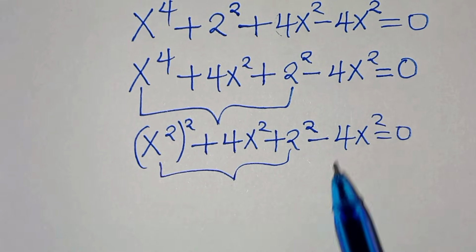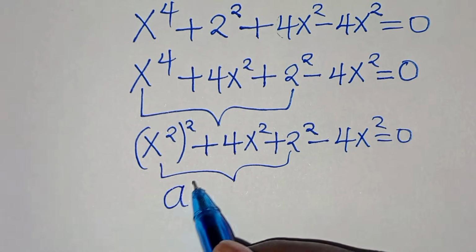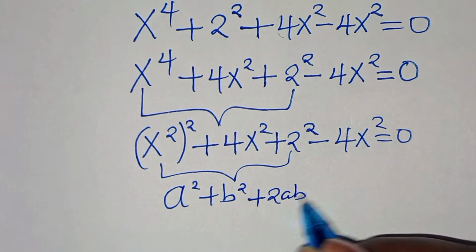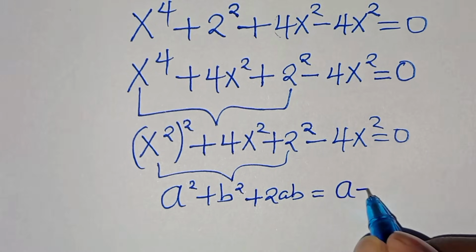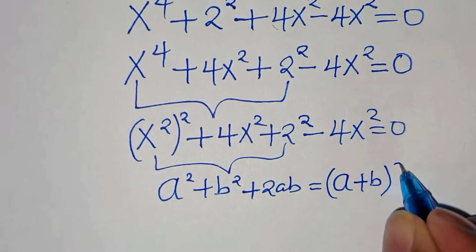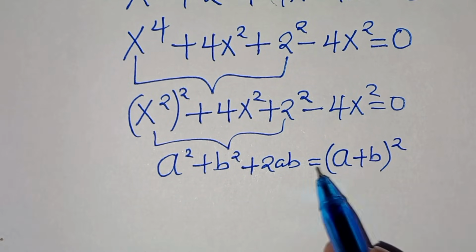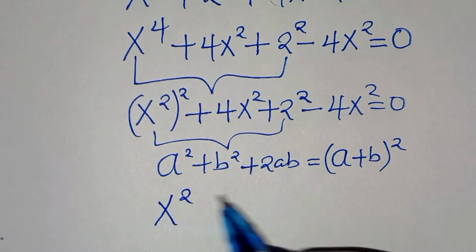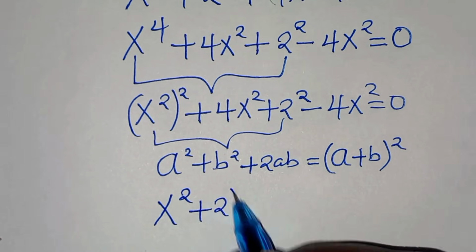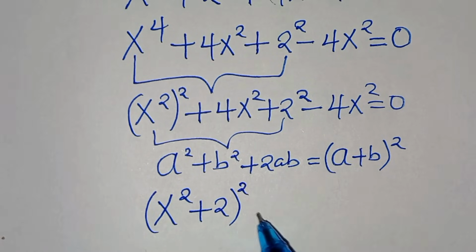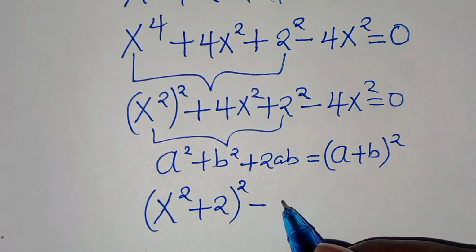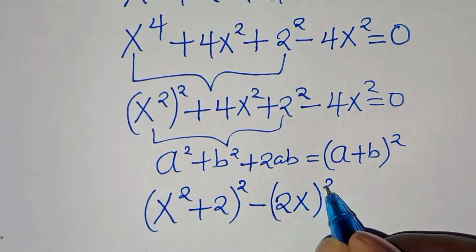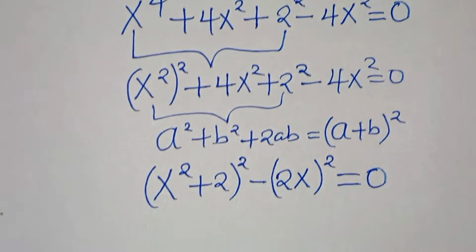This particular part is in the form of a squared plus b squared plus 2ab, which we can express as a plus b raised to the power of 2. Applying this algebraic identity, we can express this as x to the power of 2 plus 2, raised to the power of 2, subtract 4x squared, which we can express as 2x raised to the power of 2, equals 0.